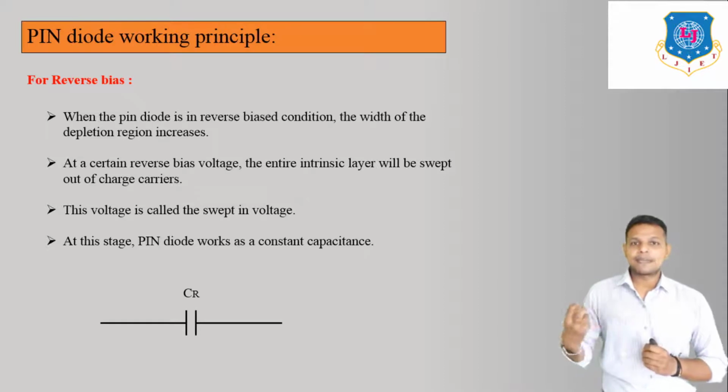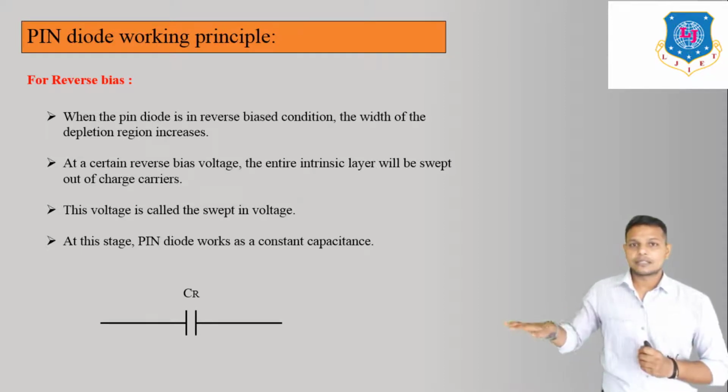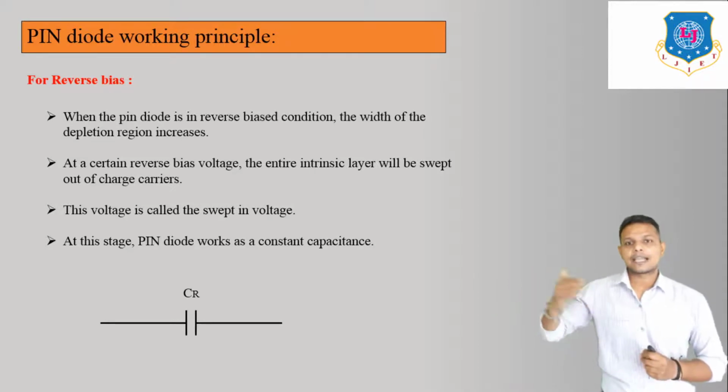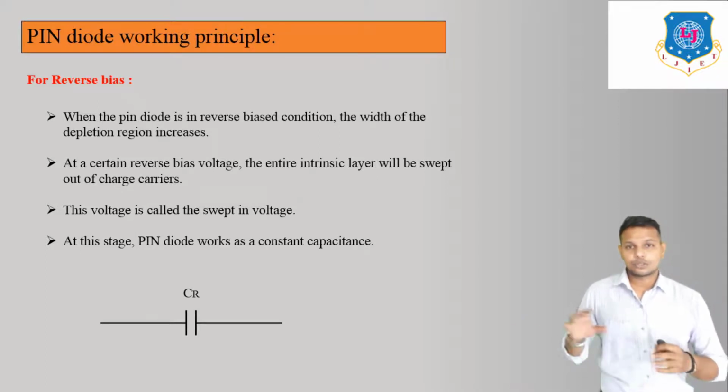That's why it behaves like a constant capacitor, and its symbol is CR, that means reverse capacitance, because it happens in reverse bias. The PIN diode's application is that it is used in detector circuits. So that's it for the PIN diode.